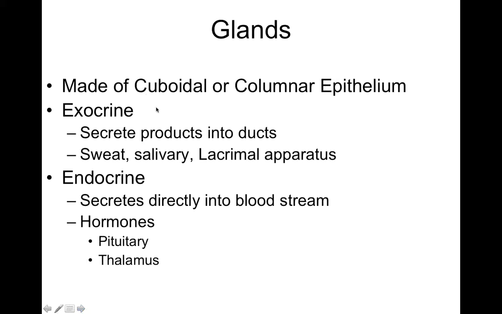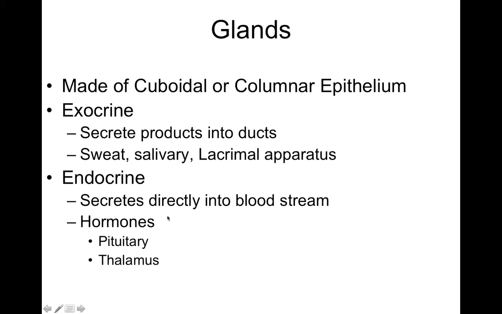Okay. We have glands in the body, and the glands are made up of either cuboidal or columnar epithelial tissue. Exocrine glands secrete products into ducts, so into tubes, that are normally going to leave the body. So sweat glands, salivary glands, the lacrimal apparatus, mammary glands, these are all exocrine glands.